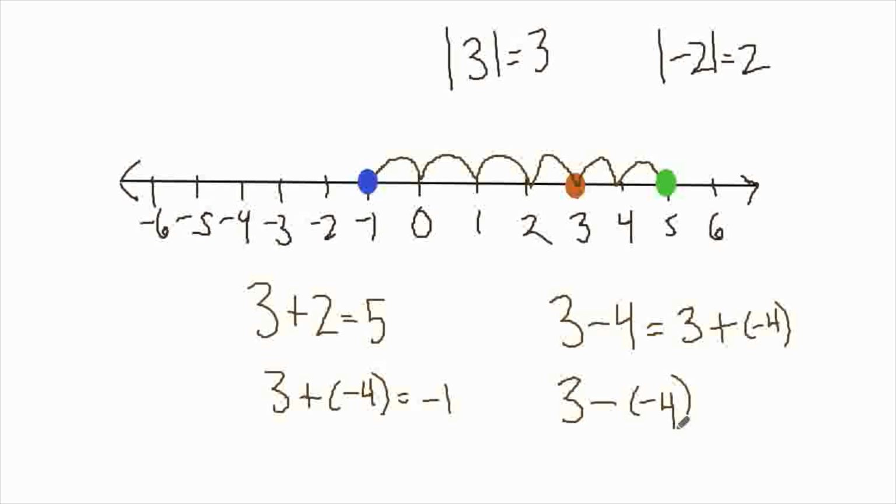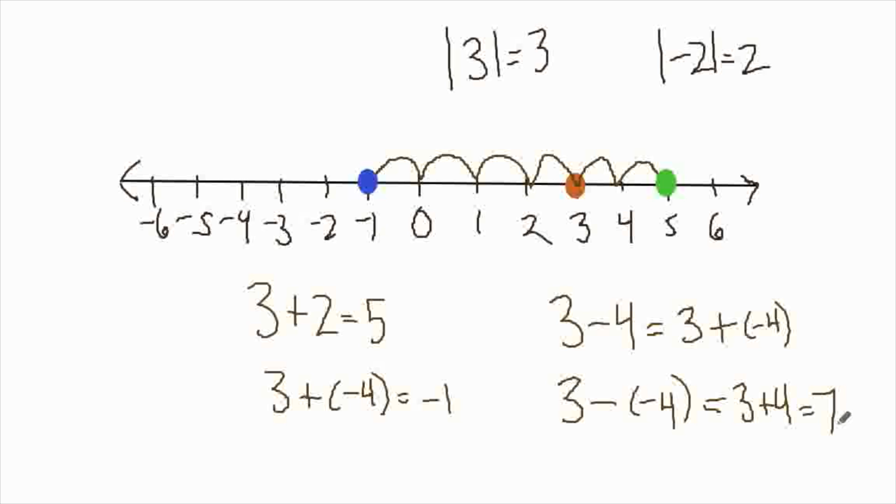So really, you're taking 4 hops to the right. This is the same as 3 plus 4, which gives us 7. Whenever you have two negatives, you can think that they blow each other up, and you just have a single positive left over.